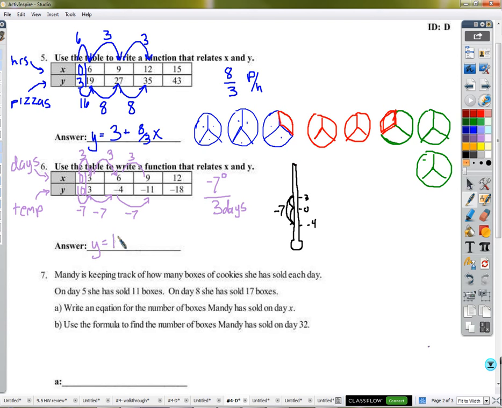So it starts at 10 degrees at the very beginning. From there, it's going to get colder, it's going to go down, right? I'm just emphasizing that we're subtracting 7/3 times x, minus 7/3 of a degree for 1 day, right? 7 degrees for 3 days, if I were to plug in the number 3.